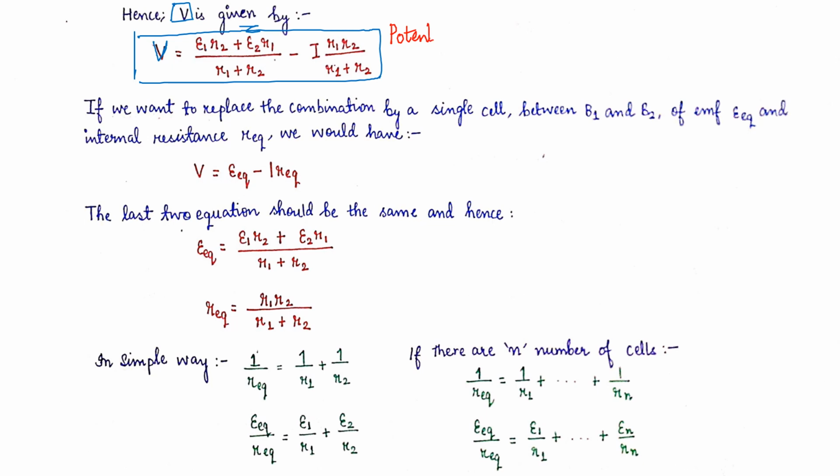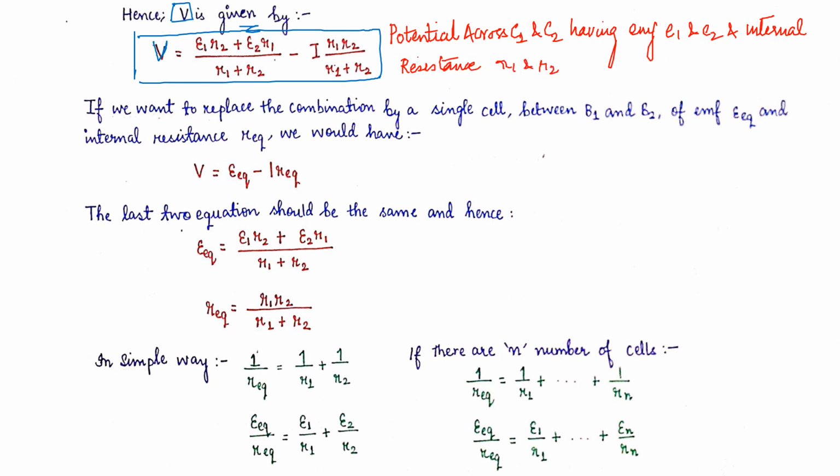Potential across C1 and C2 having EMF E1 and E2 and internal resistance R1 and R2 respectively.